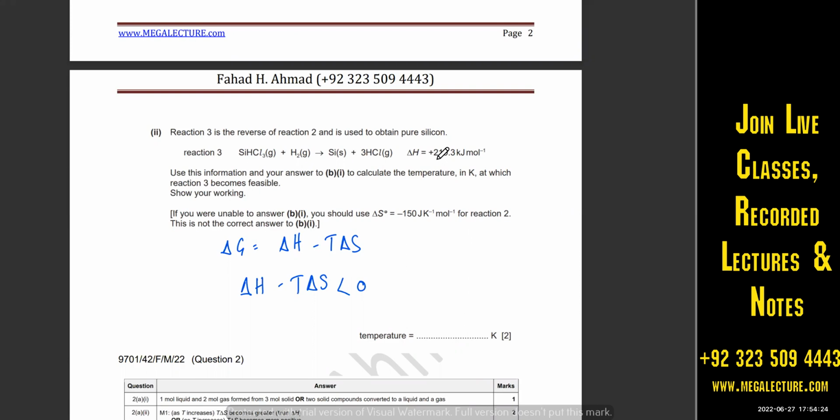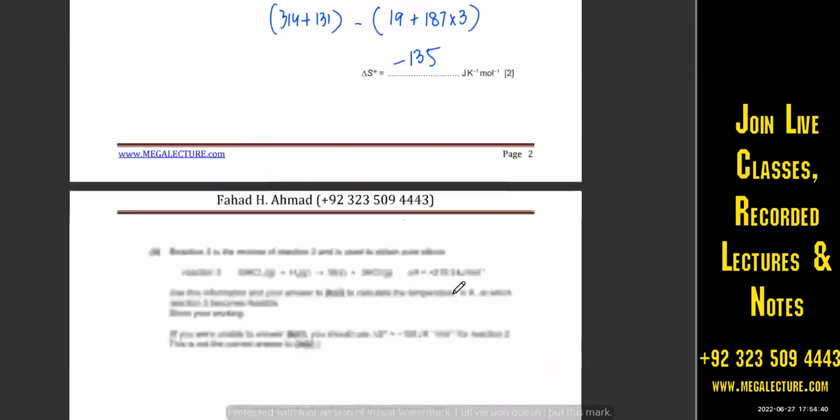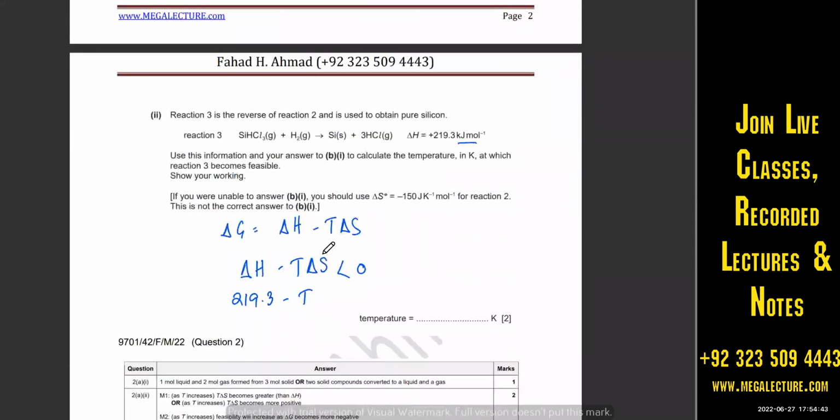So delta H is already given, that's 219. And remember, it's in kilojoules. So that's 219.3. Temperature is what we have to figure out. Delta S, we've calculated in the previous part, which is over here, which is minus 135.